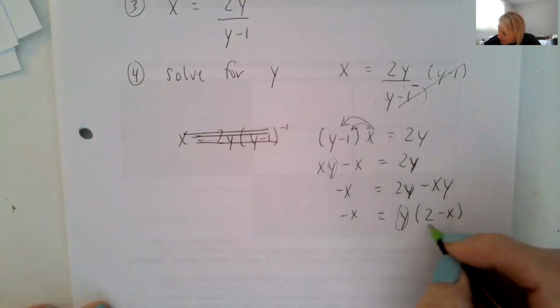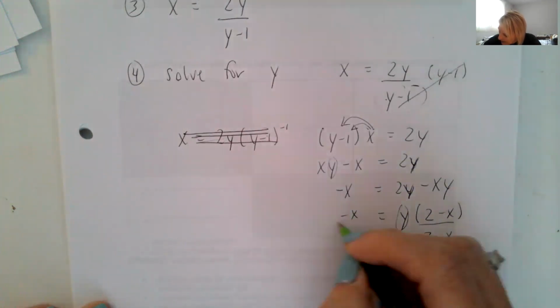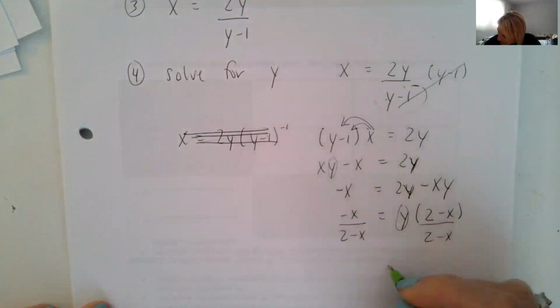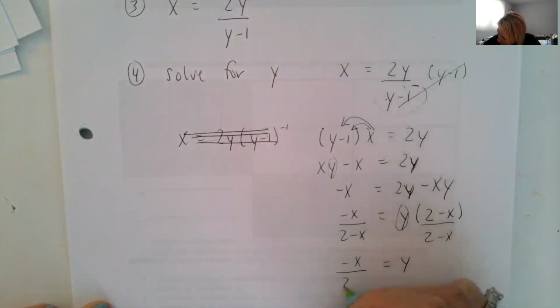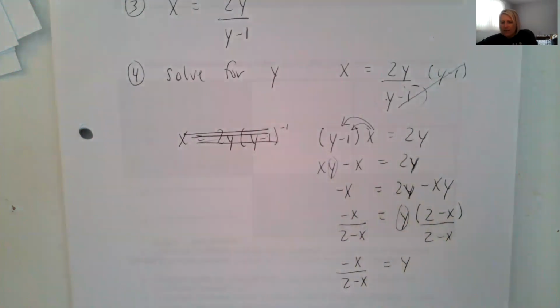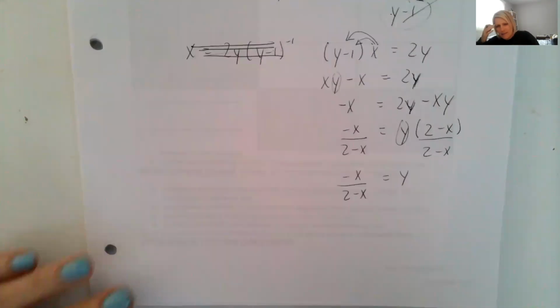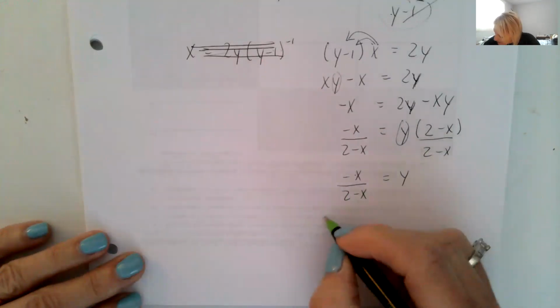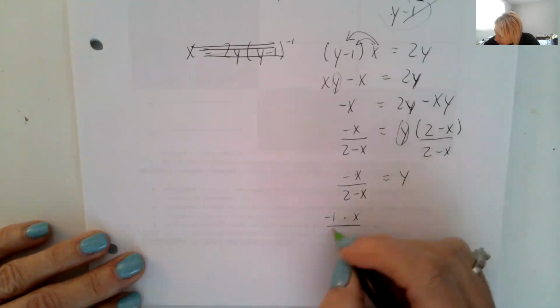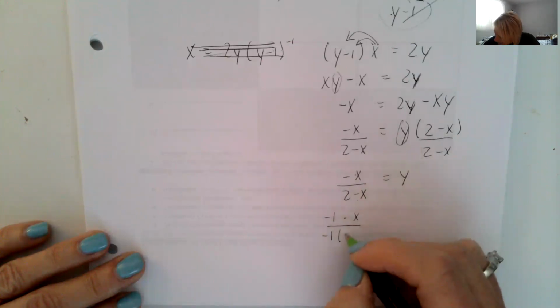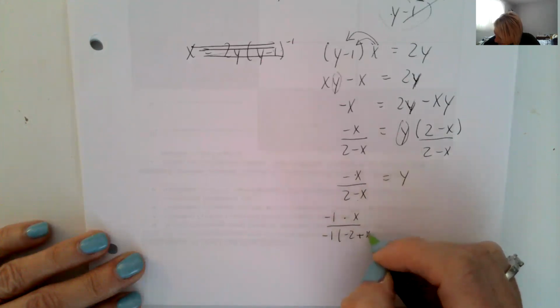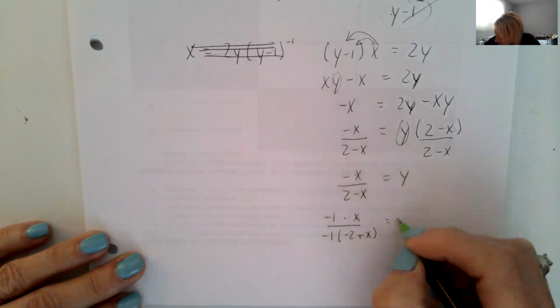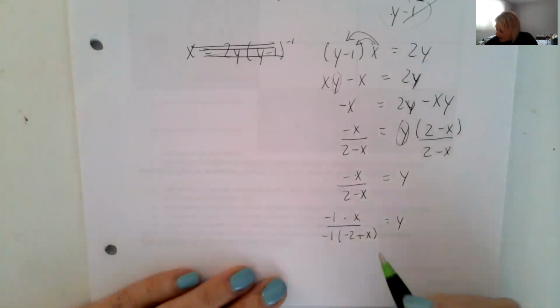And then to solve for y, we could just divide by 2 minus x. So negative x over 2 minus x. And if we factor out a negative from the top and the bottom here, we get a negative 1 times x over a negative 1 times a negative 2 plus x equals y.